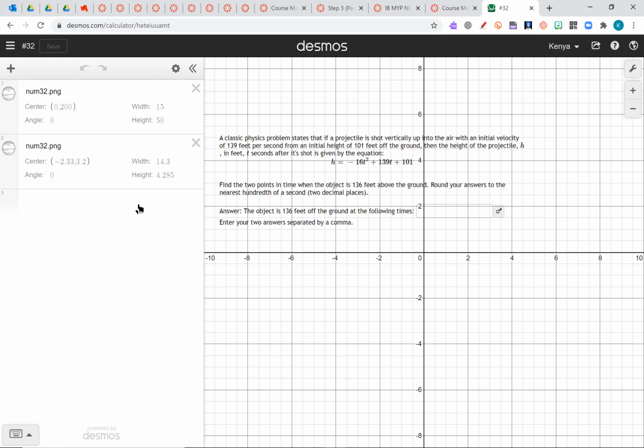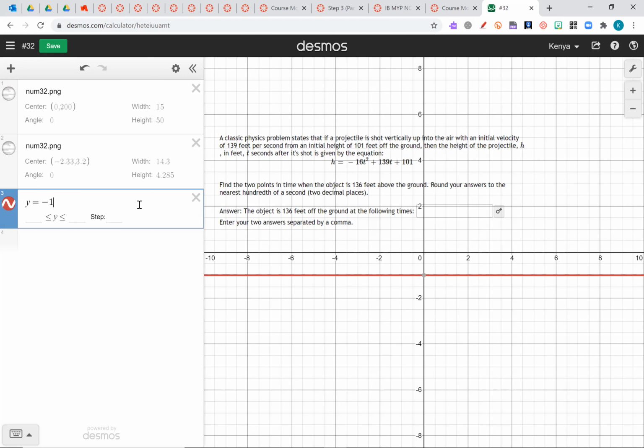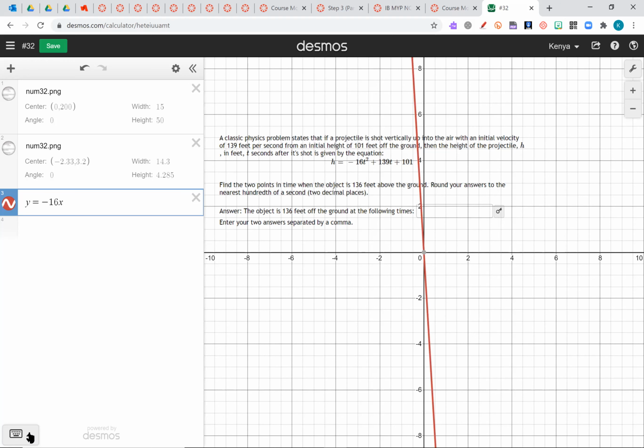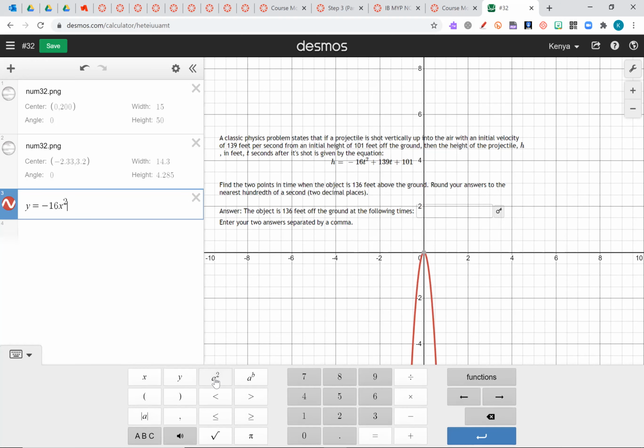So what we do here is we go ahead and graph the function y equals negative 16x squared plus 139x plus 101. With this graph, I am able to see the width of the parabola.